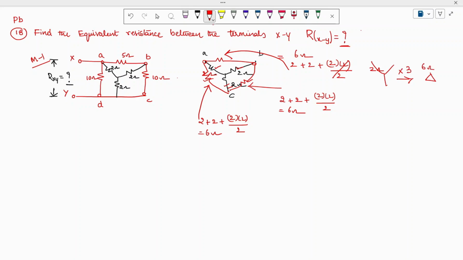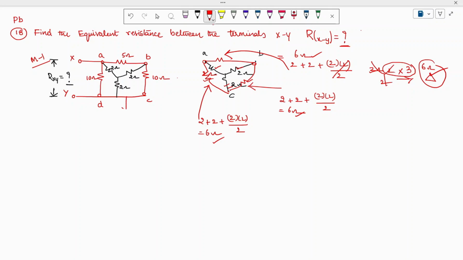Therefore the resistance in the delta is 6 ohm. So when converting star into delta, where each branch resistance is 2 ohm, each branch is scaled by 3 times, which makes each branch resistance 6 ohm. It's a simple technique. If you know this technique you can solve the problem.